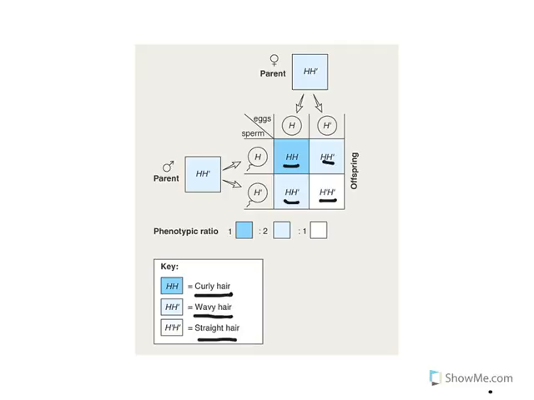So the ratio is 1 to 2 to 1 for the genotype and the phenotype in this particular example of incomplete dominance.